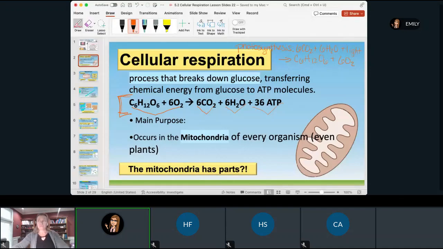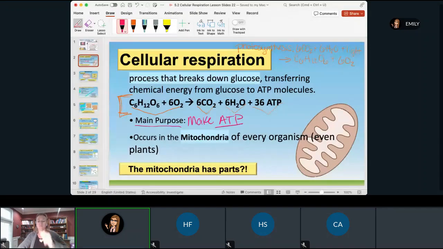Now, super important to note that the main purpose of cellular respiration is to make ATP. What plants did in photosynthesis is they took carbon dioxide, water, and light energy, and they stored that light energy in the glucose molecules.